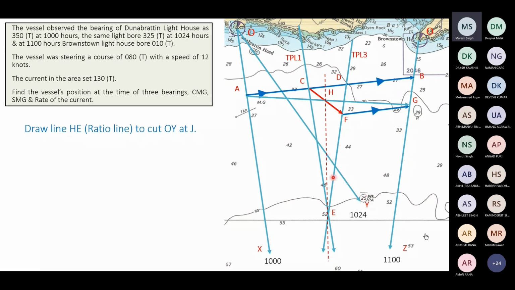This is the point where the HE line is intersecting with our middle bearing. Let's identify and name this point as J point, Juliet point. So we have the Juliet point marked on the chart.